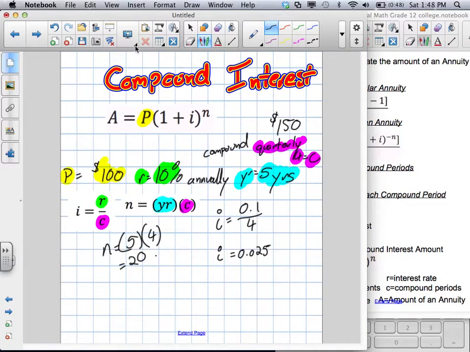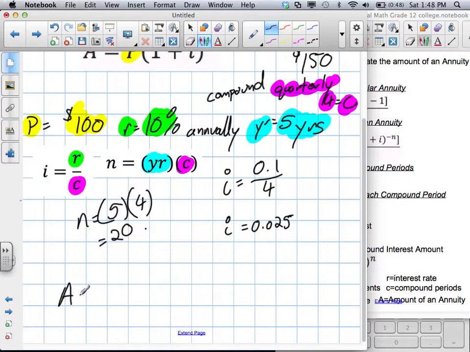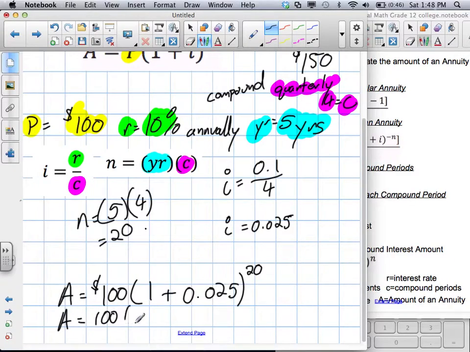So let's do compound interest. A is equal to the principal, which was $100, times 1 plus I. I is equal to 0.025, we'd already figured that out, to the power of 20. So A is equal to 100 times 1.025 to the power of 20.